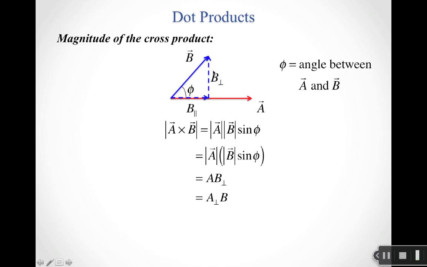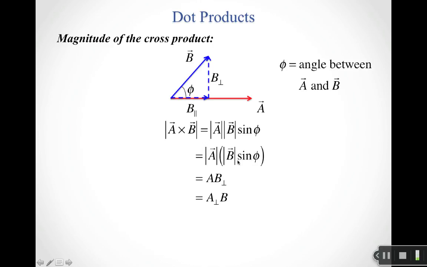And again, if I think about B sine phi, well, if this is my angle phi, sine phi would be this perpendicular component of the vector B. So one way to think about the magnitude of the cross product is it says take the magnitude of A times the magnitude of the component of B that is perpendicular to A.